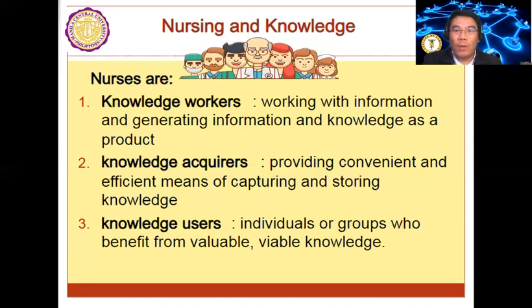When we talk about knowledge acquirers, the key term here is efficiency. When we talk about efficiency, we maximize the available resources of the organization. Aside from the processes, we have the technology.